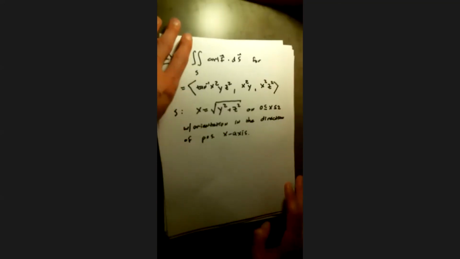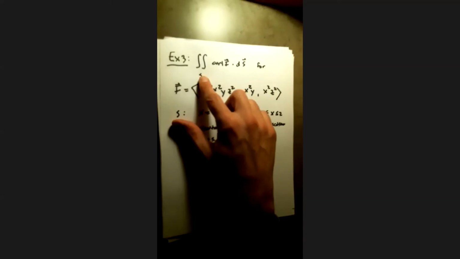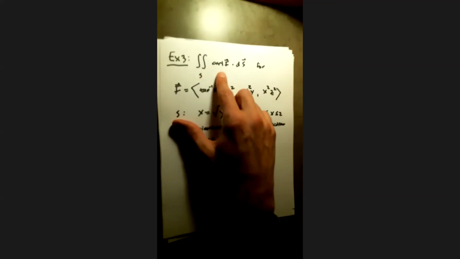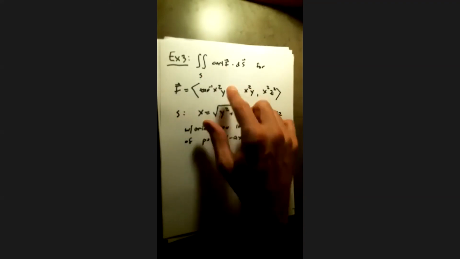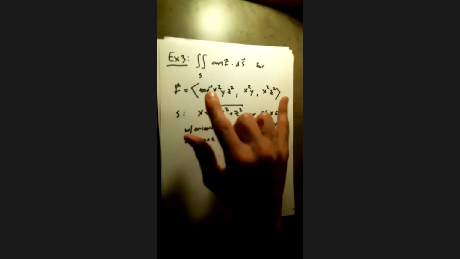All right, so let's work through this question on our work along. We want to evaluate the surface integral of the curl of F dot dS for this horrible looking field. And we're already feeling pretty terrible about the whole situation.